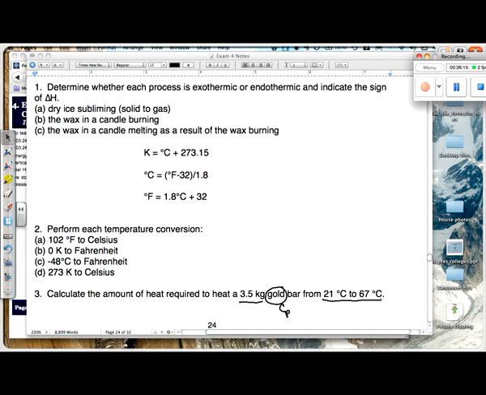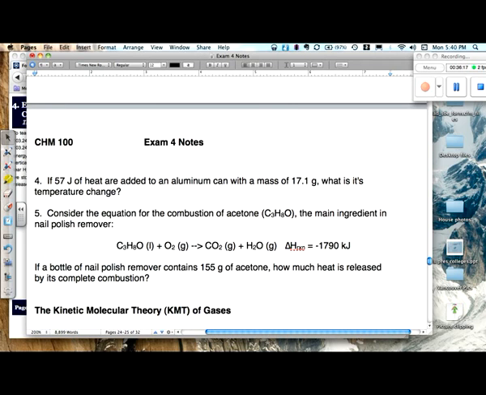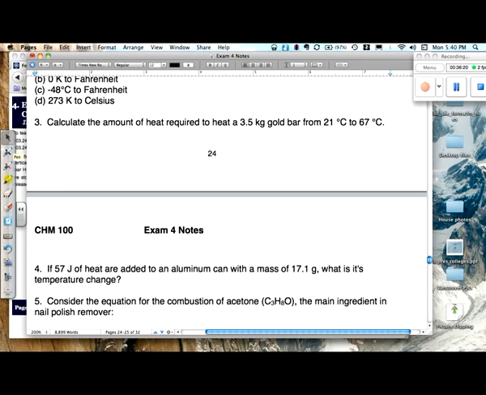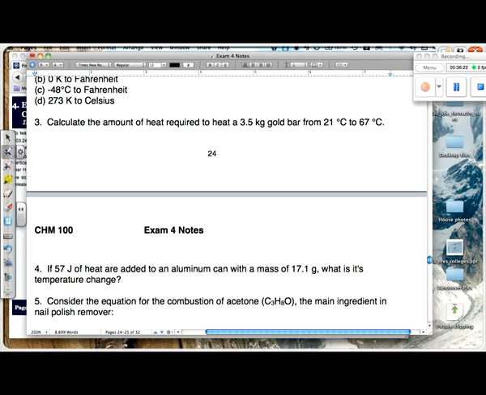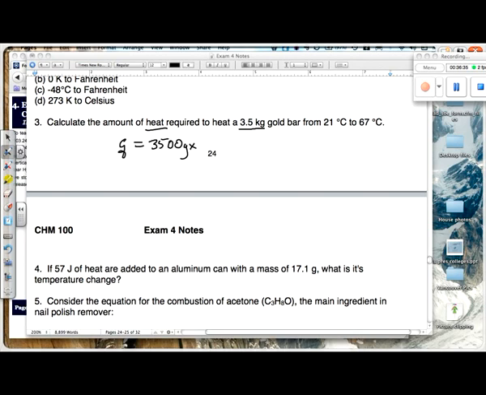So we are going to be using the Q equation here, and we're going to plug in everything that we need to solve for heat or Q. So Q is equal to mass, and we're going to change this to grams, so 3,500 grams times specific heat of gold, and on page 74 it is listed as 0.128 joules per gram degree Celsius times final minus initial for our temperature, so 67 minus 21.